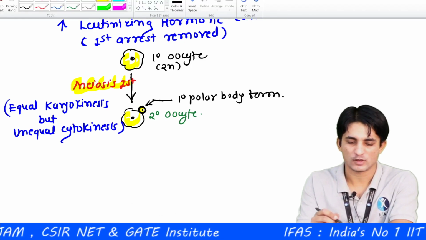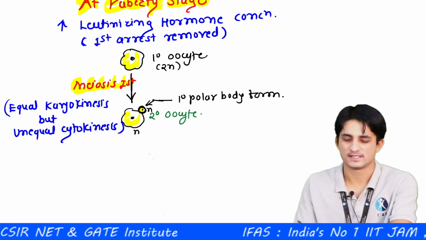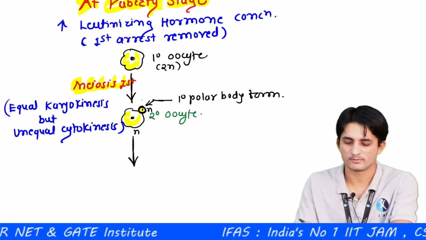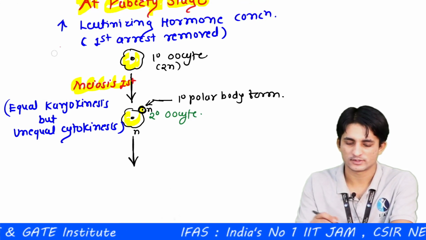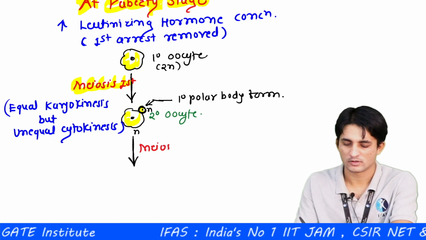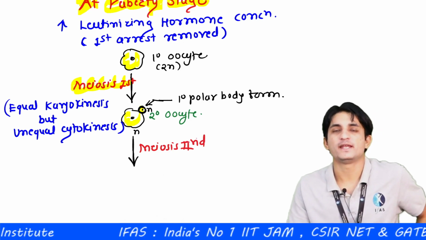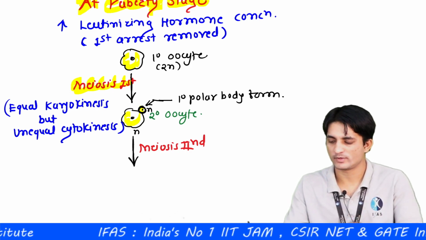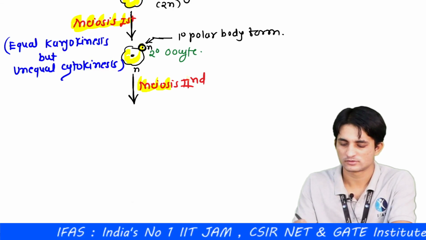Then this secondary oocyte, which is haploid, readily enters into meiosis second. Now in meiosis second there is the second arrest, so it is arrested.